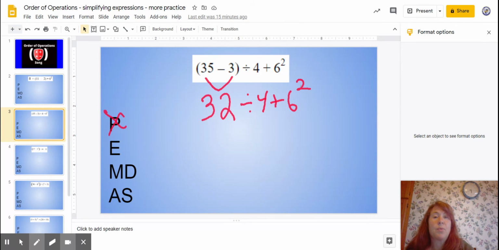Oh, let's redo that. 6 times 6. It's not working. 6 times 6 is 36. Otherwise, if you're using your scientific calculator, you can go 6 and the square button, or that XY button.